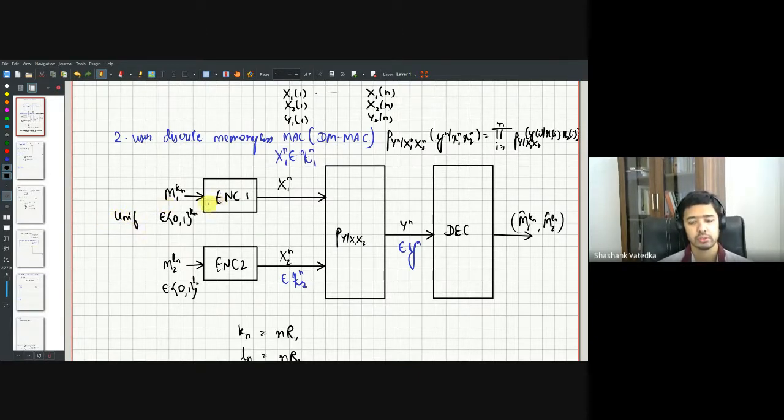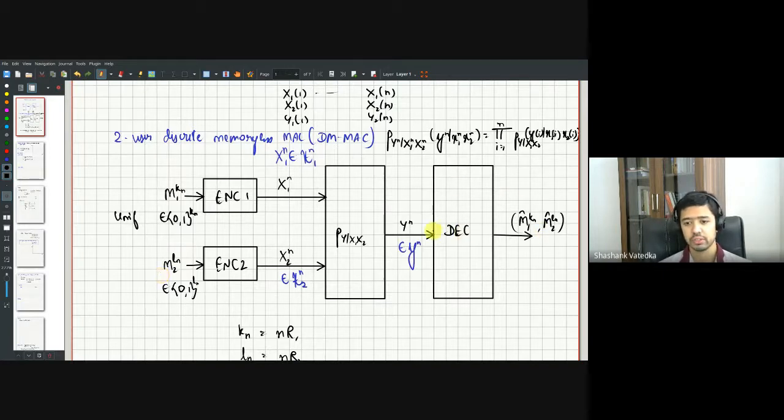So user 1 has a sequence of kn IID uniform random bits, and user 2 has another message of length ln, which is again assumed to be uniformly distributed. So you have ln IID uniform bits, and these need to be communicated.